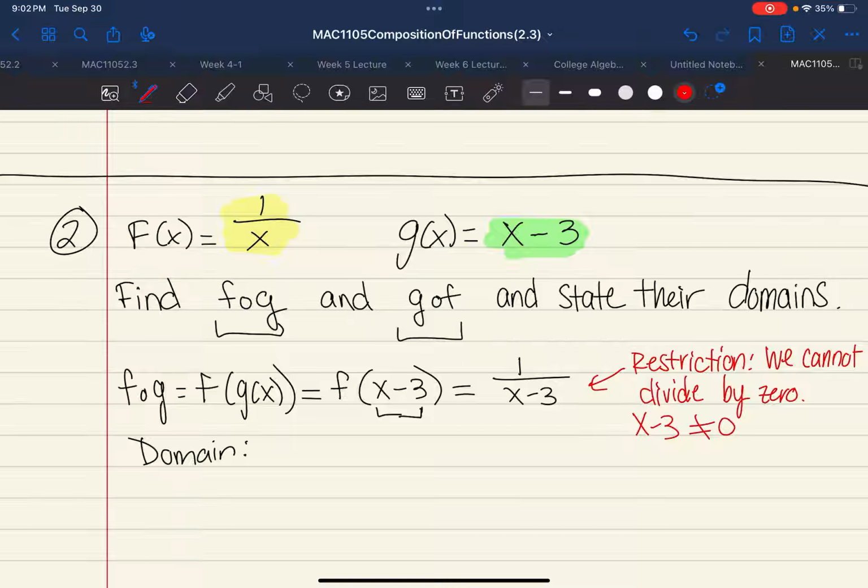And the value that will make that equal 0 would be 3. So x cannot equal 3. So everything else is fine. So the domain in set notation would be the set of all x such that x cannot equal 3. Or the domain is all real numbers except for x equal to 3.